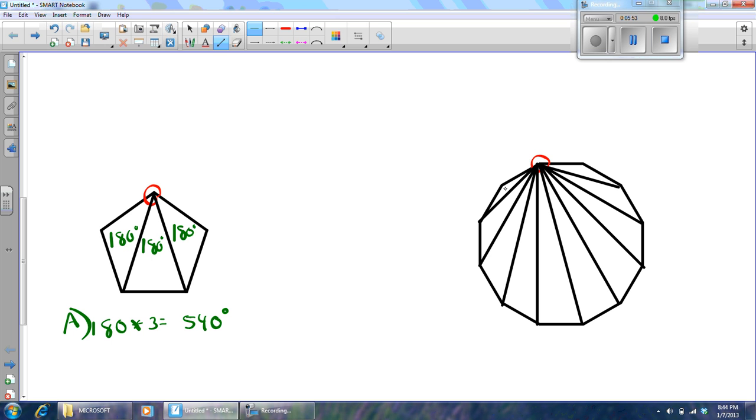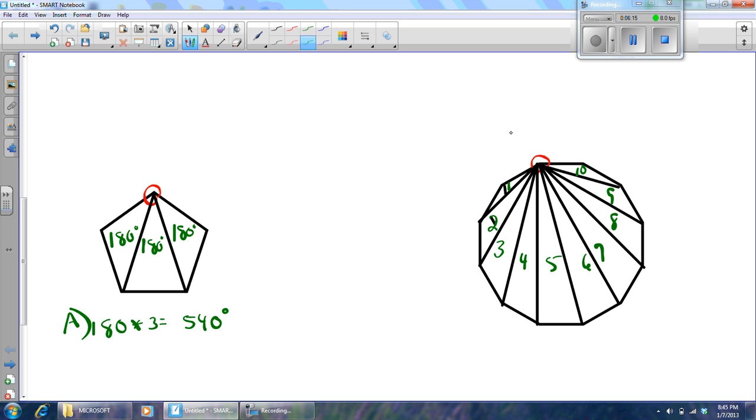If you're not sure, count one, two, I'm in segment mode, sorry. Let me recount there. 1, 2, 3, 4, 5, 6, 7, 8, 9, 10, 10 triangles.